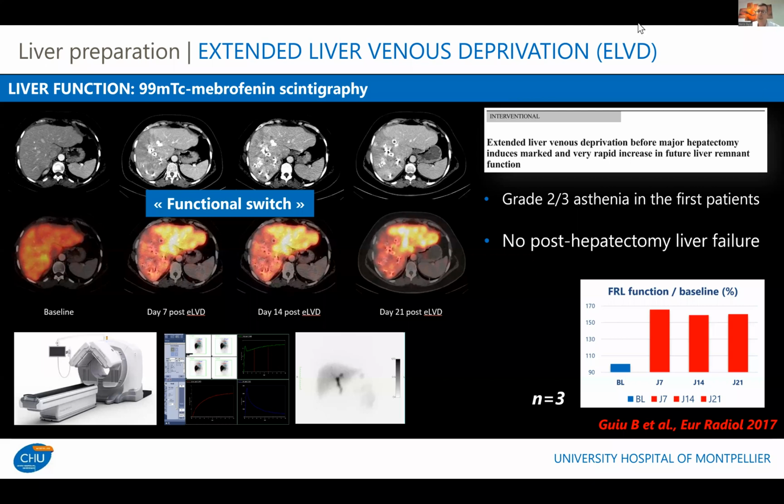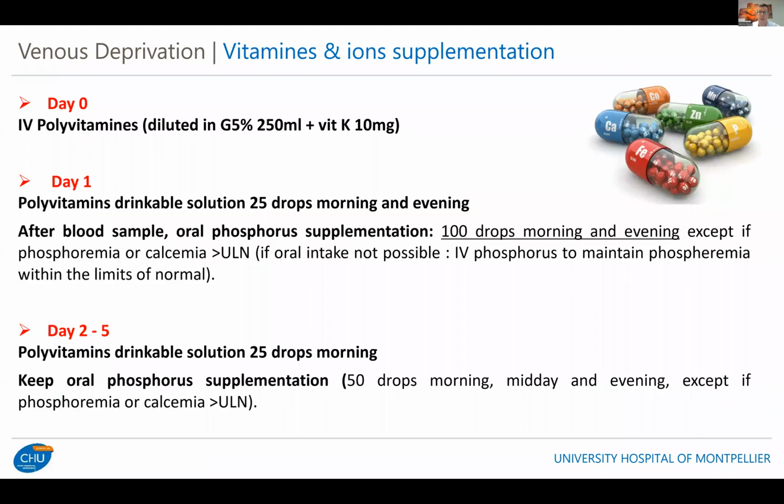Okay, I'm sorry. So we had some deep asthenia at the beginning of our experience, and this was explained by that. We could see that this technique is highly energy demanding because of the intense regeneration caused by venous deprivation.